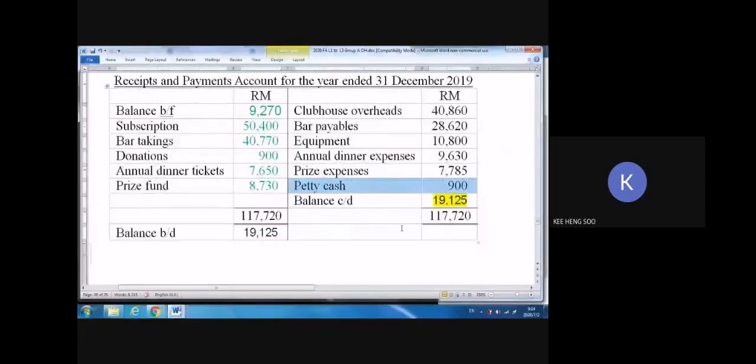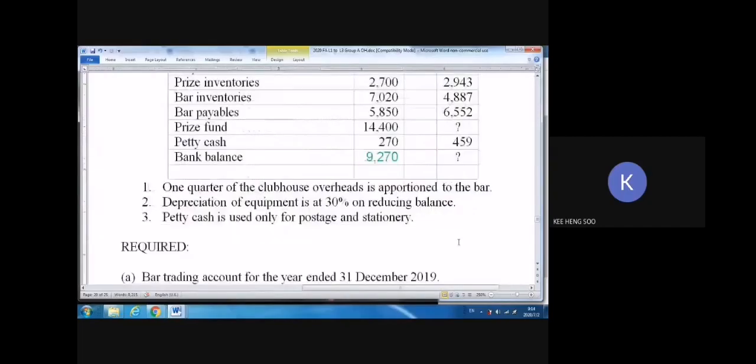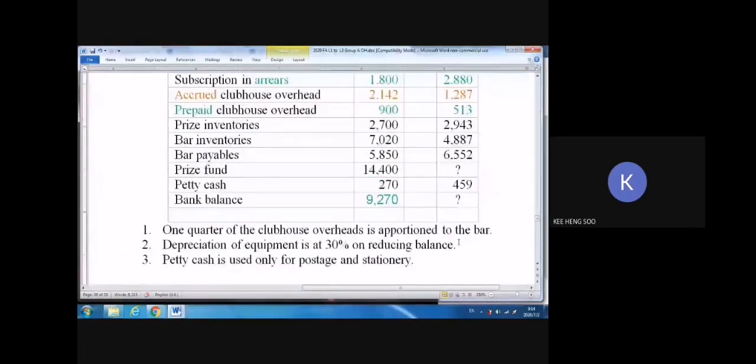In the receipts and payments, you make payment of 900. The 900 must be added together. So petty cash 270, you must add 900, then minus 459. That is how you get your petty cash.